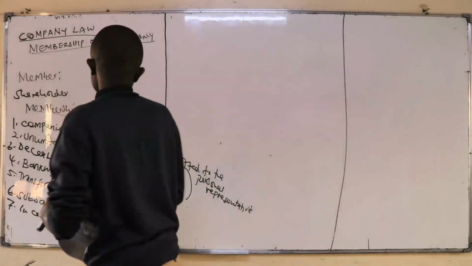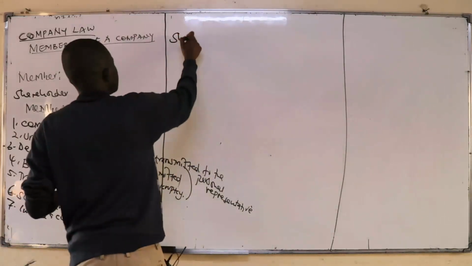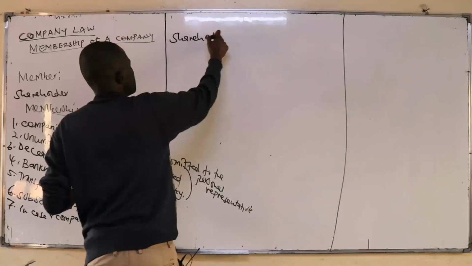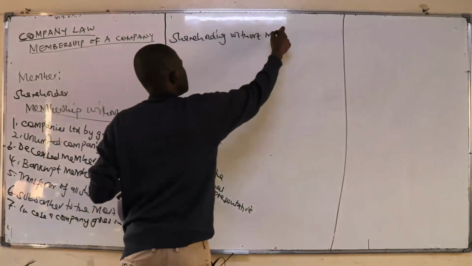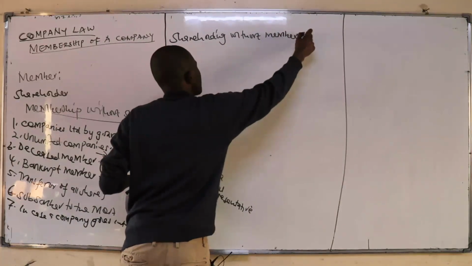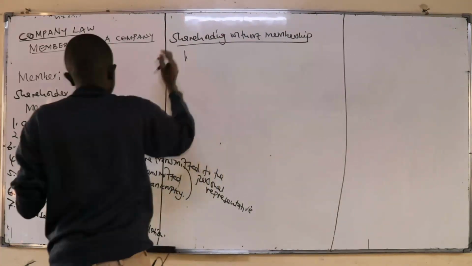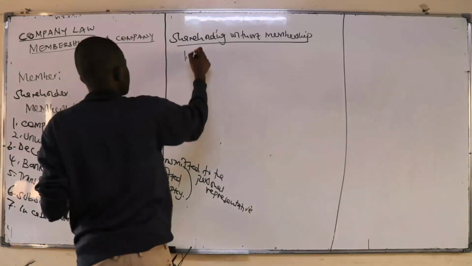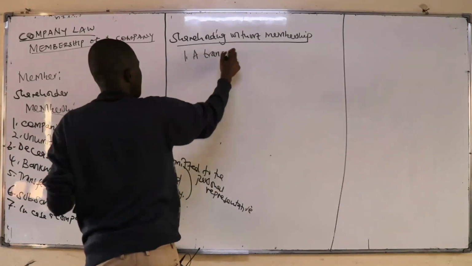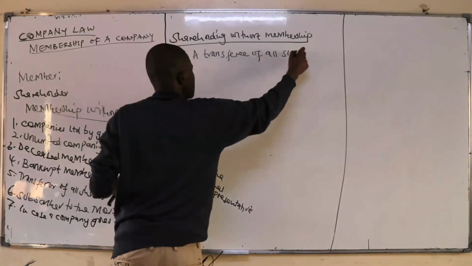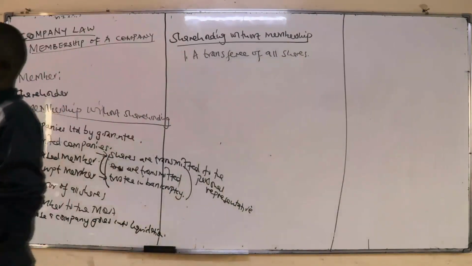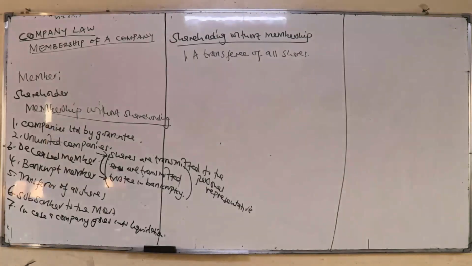So, shareholding without membership. One is a transferee of all shares. What does that mean?